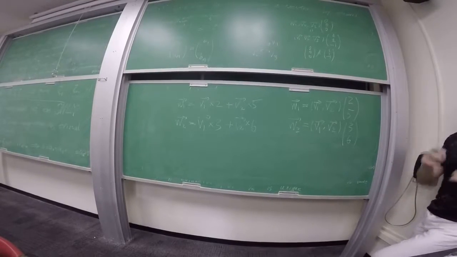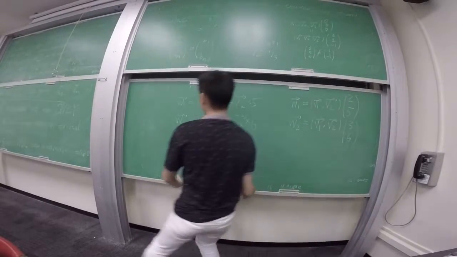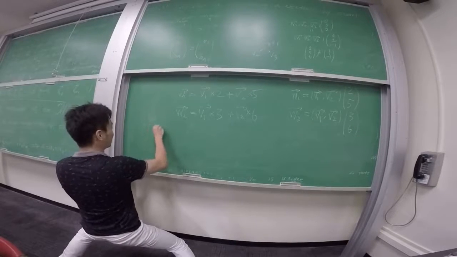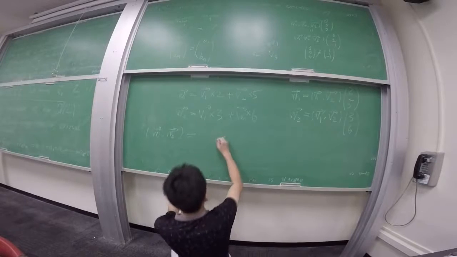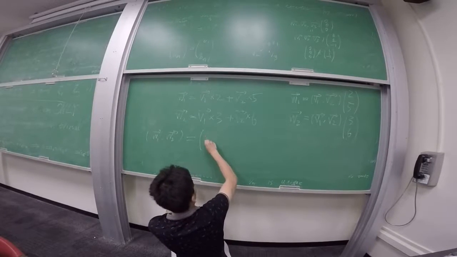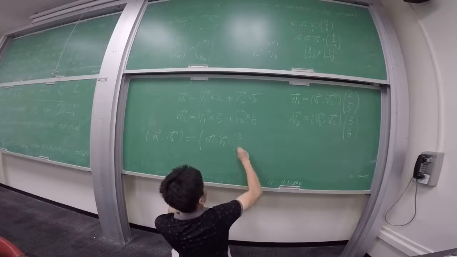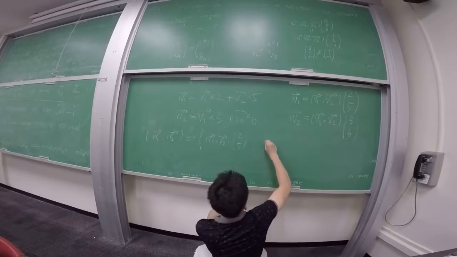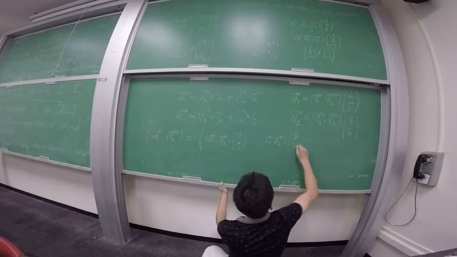In columns you can factor on the right. But they are on the left, so we put all the guys in rows. So W1, W2, we put that into rows, writing each element one by one: V1, V2, 2, 5, and comma, V1, V2, 3, 6.